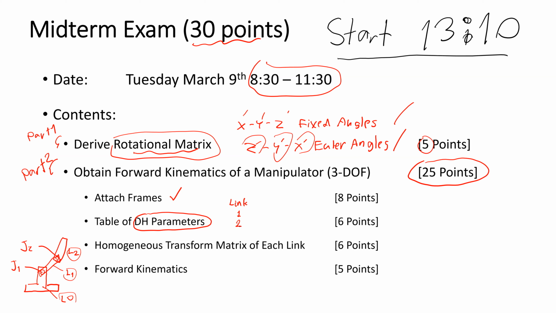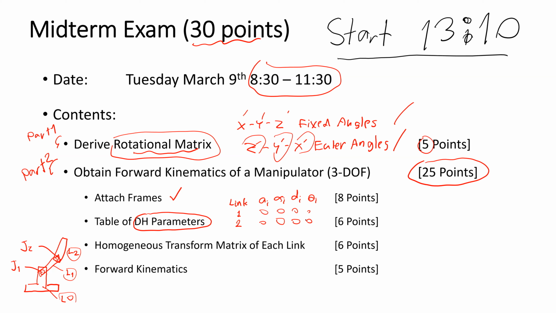For each link, we have the link length, link twist, the offset, and the joint angle that correspond to each link. We need to compose the table and find the correct value of the joint parameters.